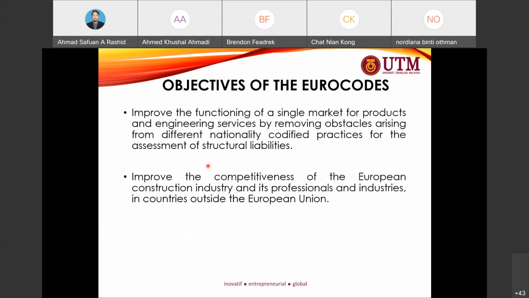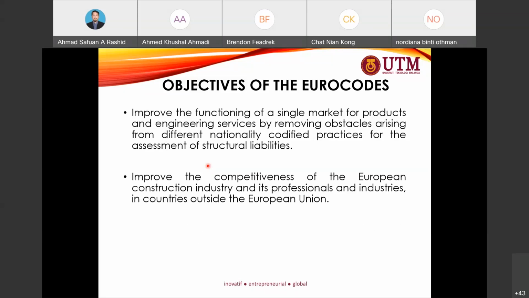The fourth one is to improve the functioning of a single market for products and engineering services by removing obstacles arising from different nationally codified practices for the assessment of structural reliability. And the last one is to improve the competitiveness of the European construction industry and its professionals and industry in countries outside the European Union.